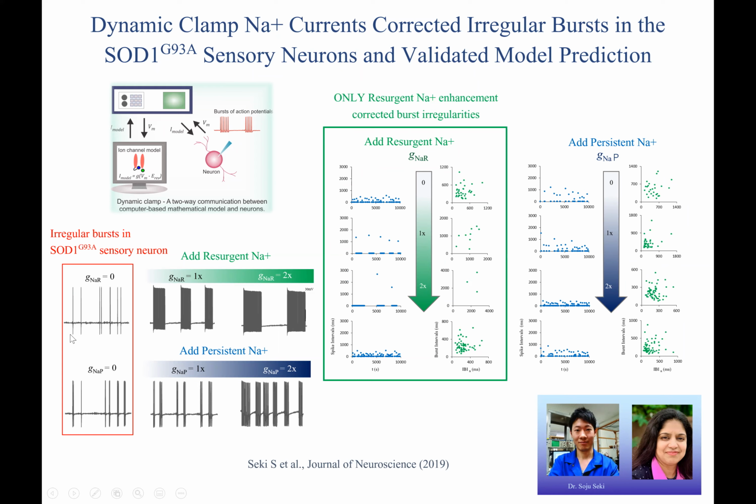So we took a neuron which had irregular bursts of activity in a real disease mouse, and then we incorporated these model currents, and we tested different components of these currents, and we saw that only one of these components, the resurgent component, was capable of fixing this very irregular raster that you see here to showing more rhythmic unified values as you increase the intensity of this current.